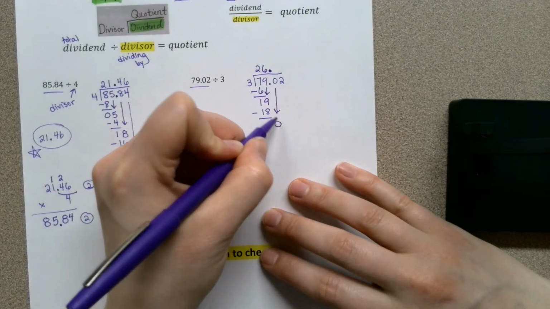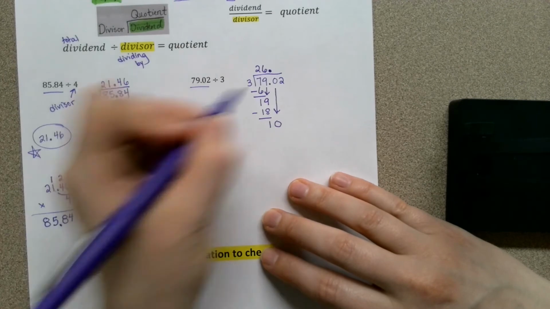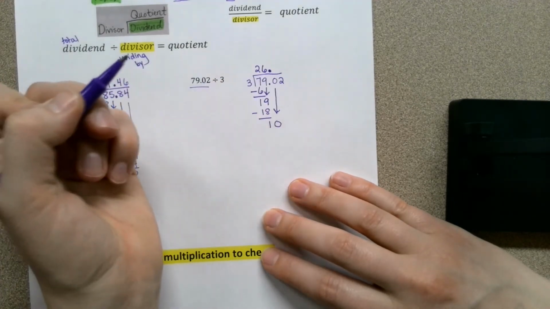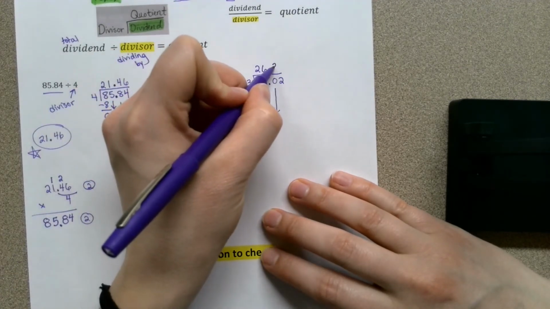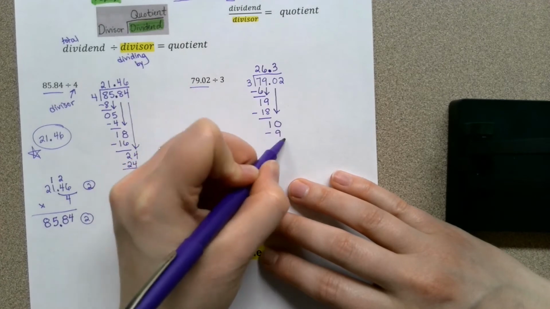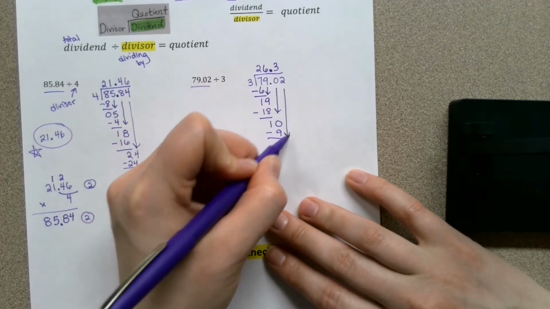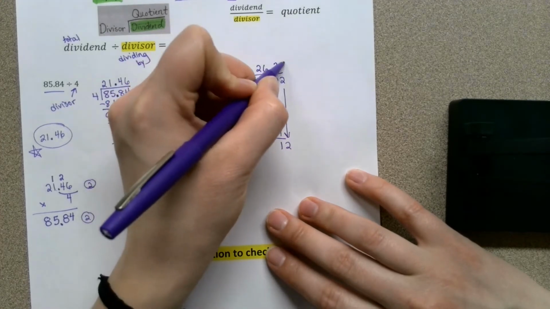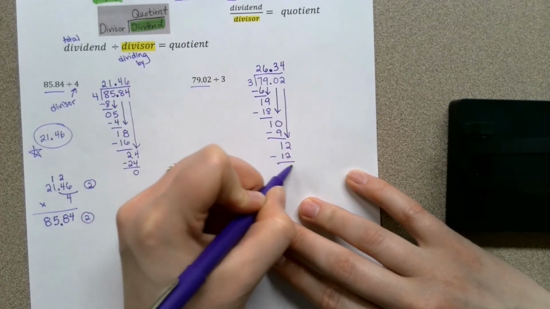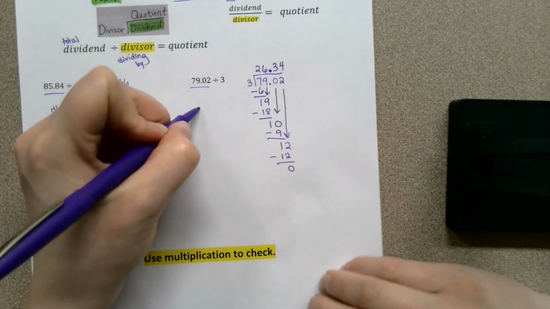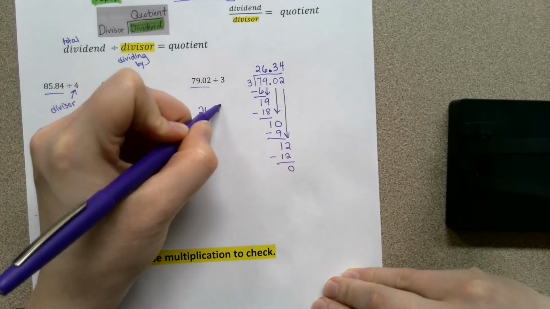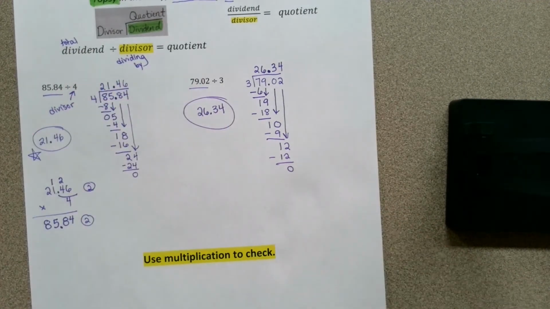So our next digit is going to go after the decimal, because the 0 is after the decimal. 3 goes into 10 3 times, which is 9, with 1 left over. Bring down our 2, and 3 goes into 12 exactly 4 times. So we have none left over, giving us 26 and 34 hundredths for our answer.